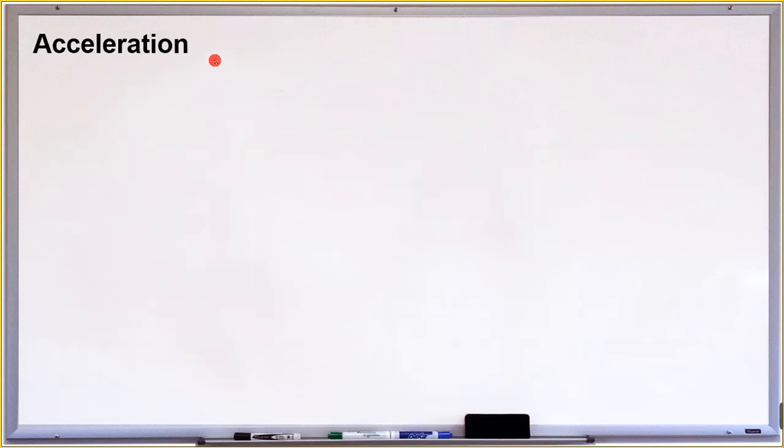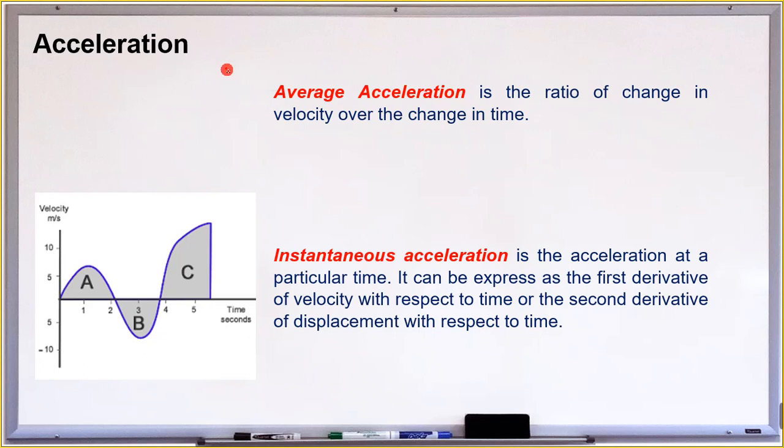Now, moving forward to acceleration, we also have the average acceleration, represented by a average. Average acceleration is just the ratio of the change in velocity, delta v, over the change in time. By looking at the formula, that is velocity per time.